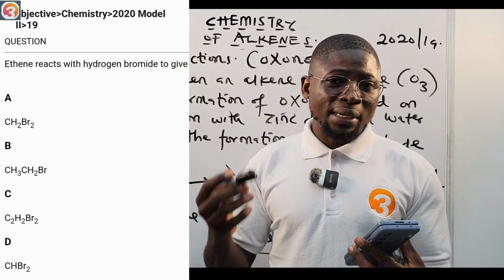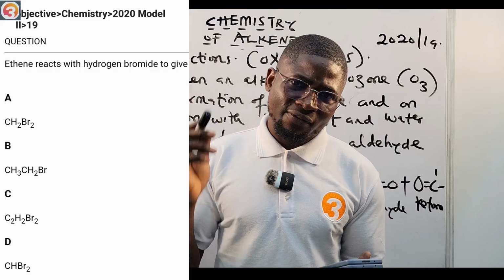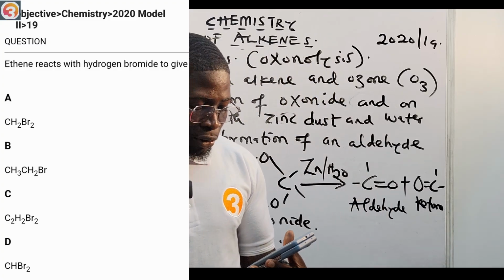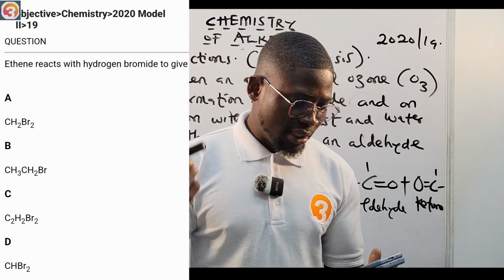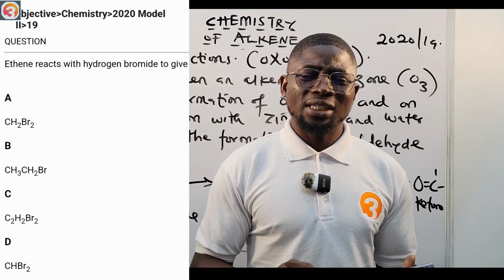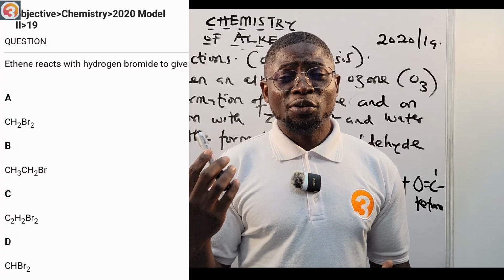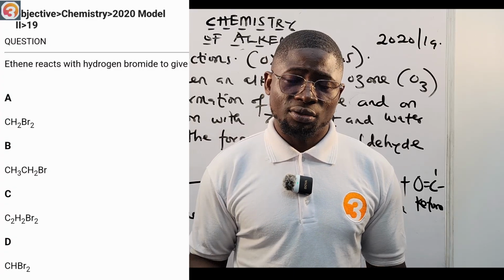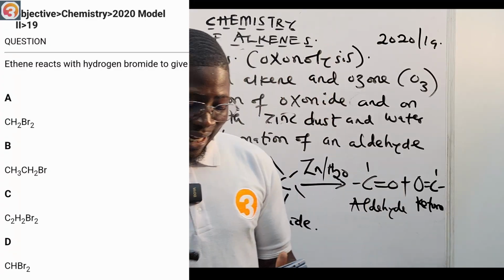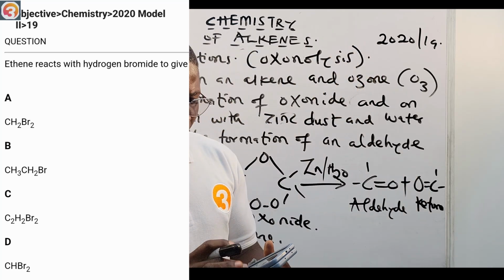So CH2BrO2 is wrong. CH3CH2Br is very correct. C is also wrong. D is also wrong. Please refer to our addition reaction class on Markovnikov's addition, so that you understand better why the answer must be B, not any of A, C, or D.